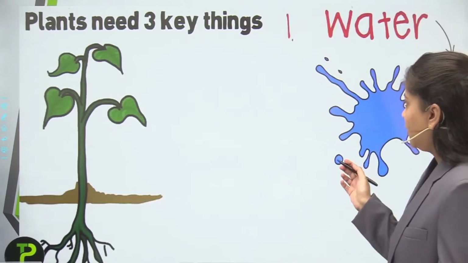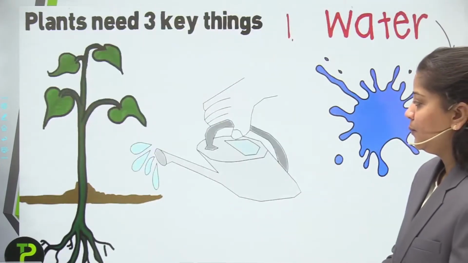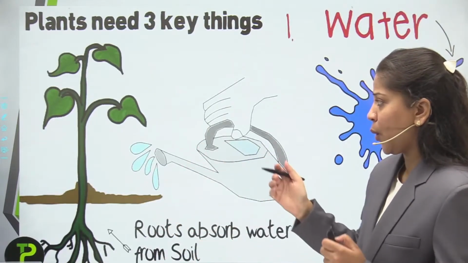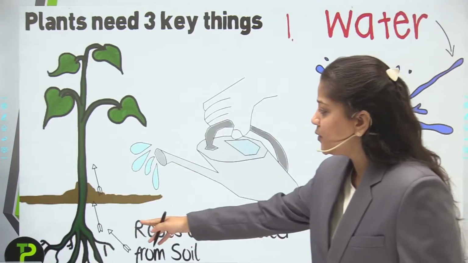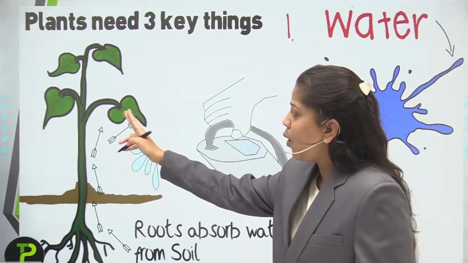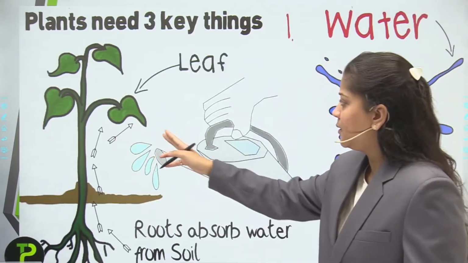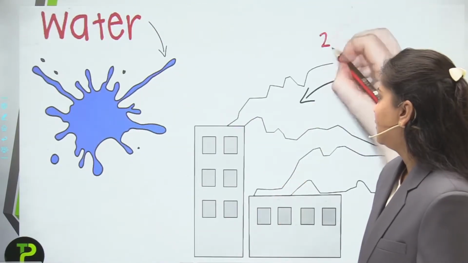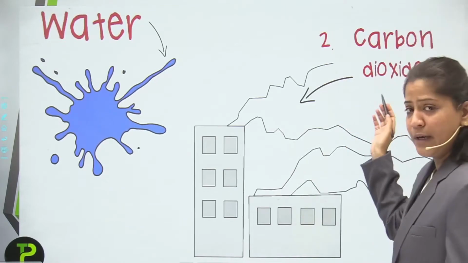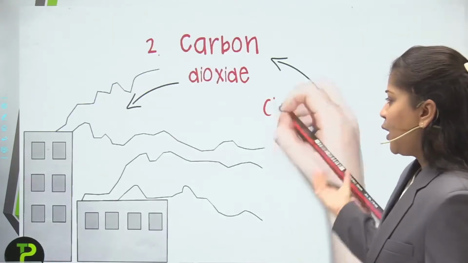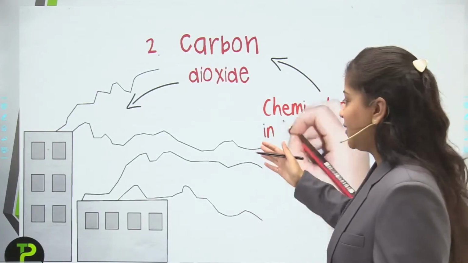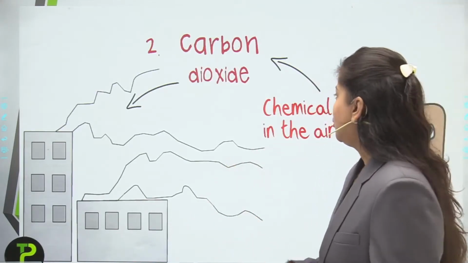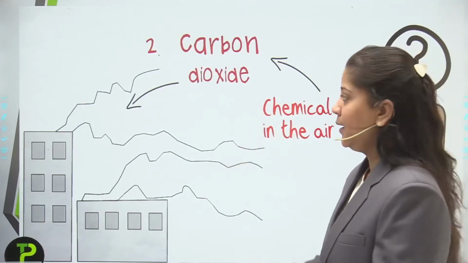We water a plant, their roots absorb that water from the soil and transfer it to all the parts of plants, including leaves. The next thing they need is carbon dioxide. Carbon dioxide is a chemical already present in our environment. So the second thing they need to make their food is carbon dioxide.